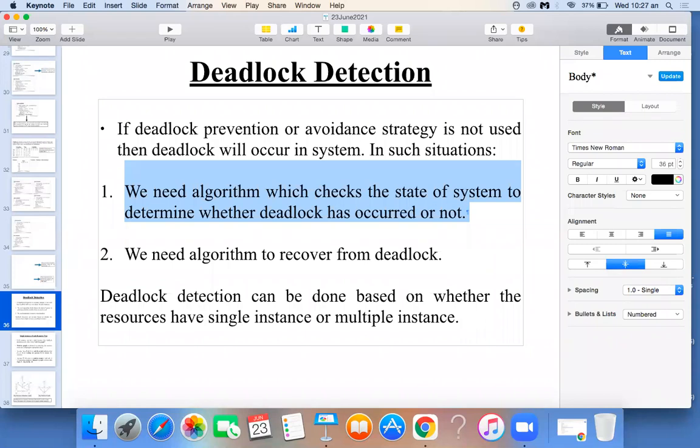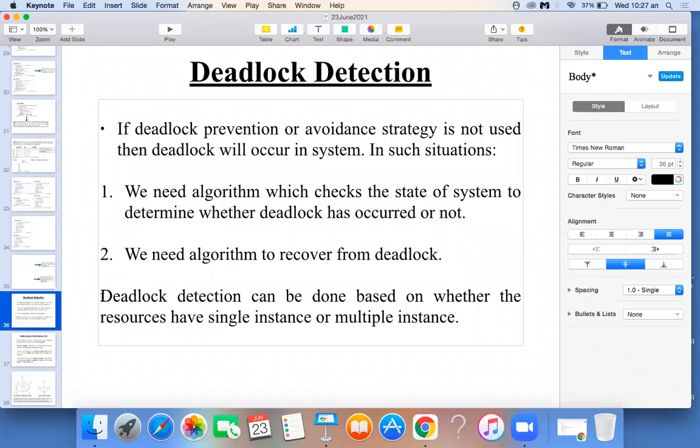In today's session we will be learning the set of algorithms meant for detecting the deadlock. That's it. We are not going to study any concept on recovering from the deadlock in today's class. The second one is deadlock recovery, so we will see that in later classes.